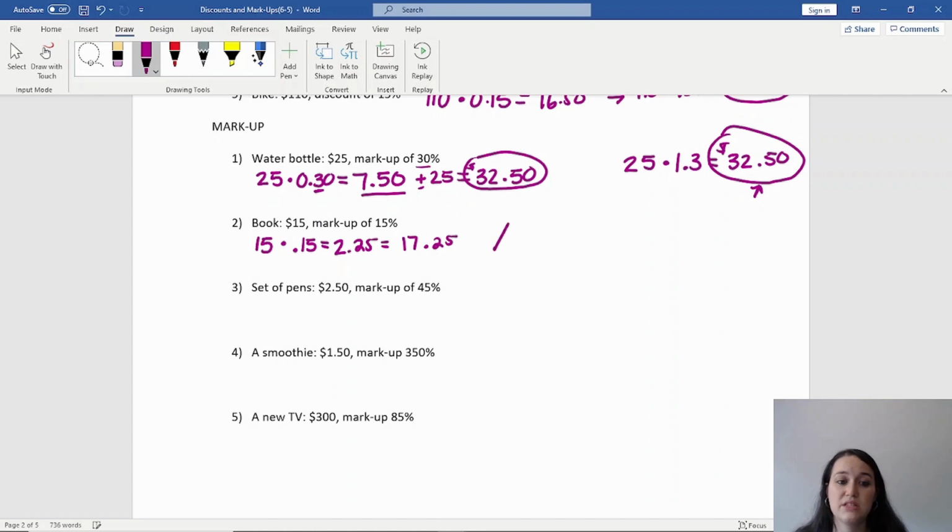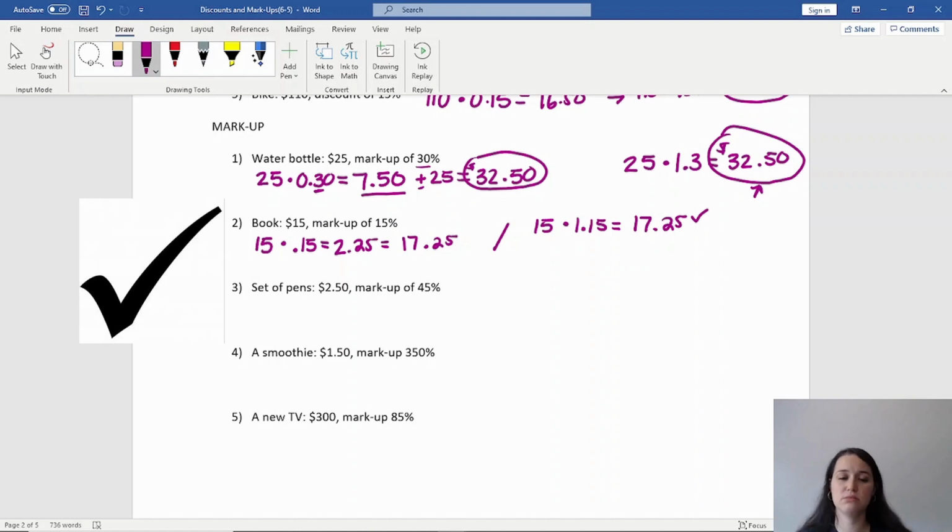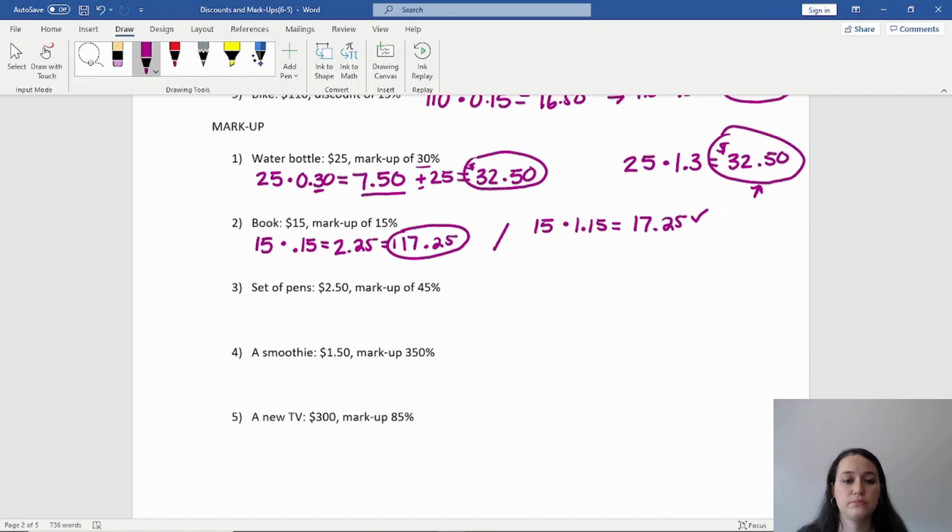Okay, so that means if I do it the other way, I'm going to do $15 for the book times 1.15. 15 times 1.15, and I get $17.25 again. So either method will work here. You can also do both to check your work, to make sure you're getting the same number for either method. Okay, I'll use that as my check.